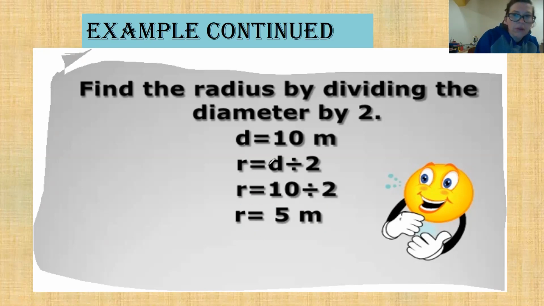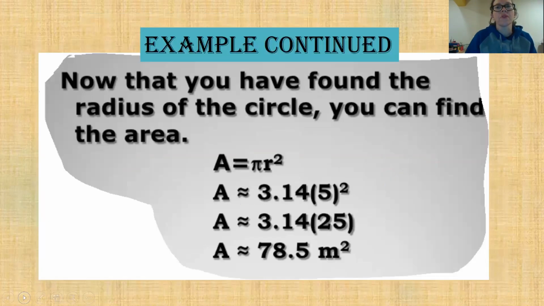All right, so let me go ahead and go to the next slide. So now that you have found the radius of the circle, which we found is 5, we can find the area again. Area equals pi times r squared. So again, we substitute pi with 3.14.